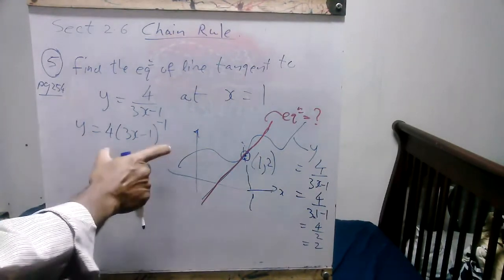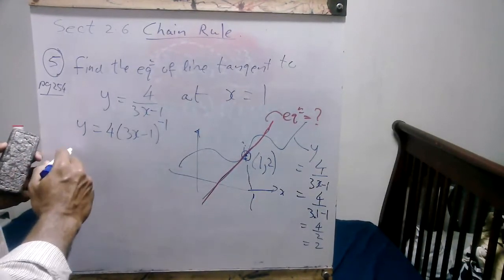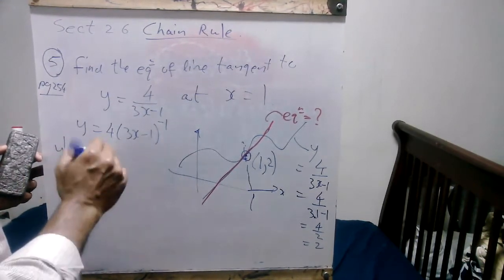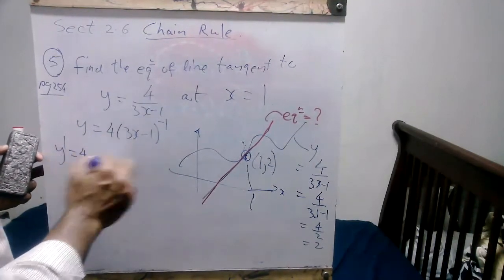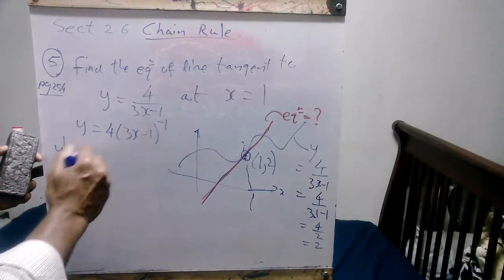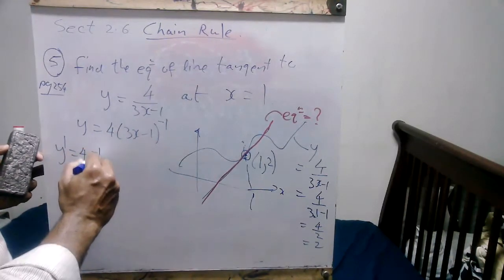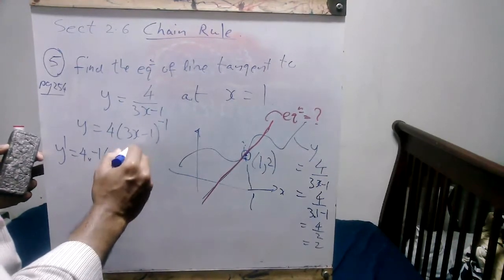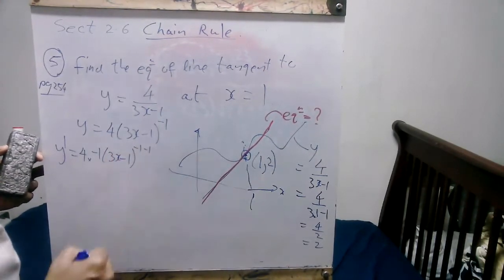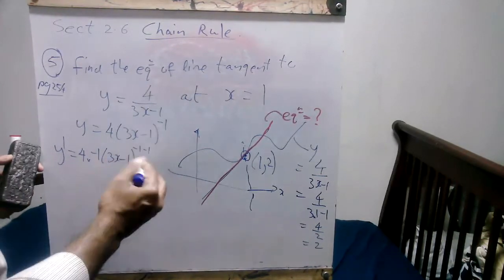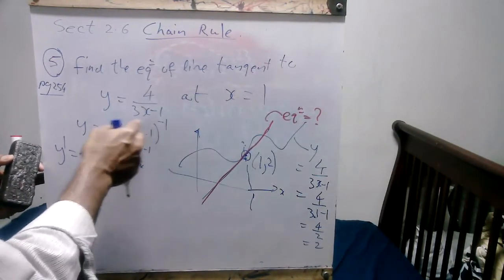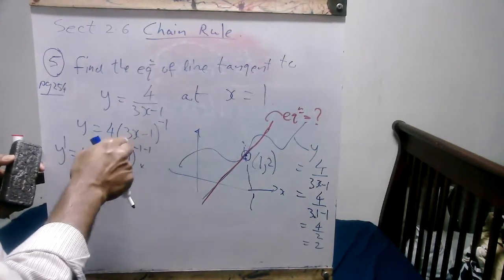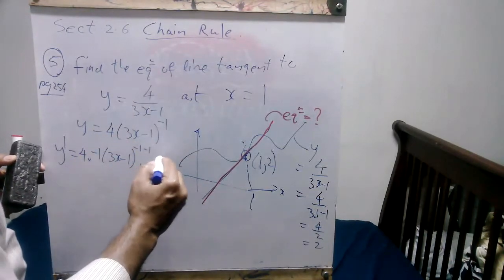Now let's differentiate this. Y dash equals, leave this 4 outside. Now we use the chain rule: negative 1 times 3x minus 1 to the power negative 1 minus 1, which is the power rule. Then what the chain rule is saying is multiply this with the derivative of the internal function, which is 3 in this case, times 3.